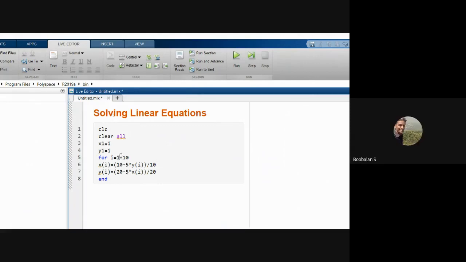Okay, you're saying we can start from 2? Take x0 equal to 1, y0 equal to 1. Here it should be started from 0, right? No sir, this is fine because we are starting only from the first iteration.